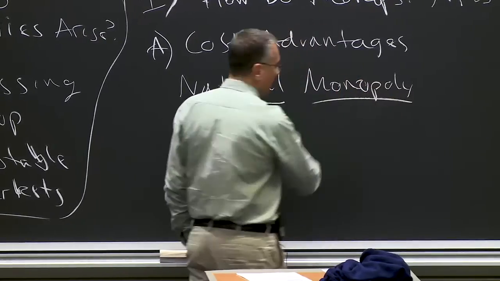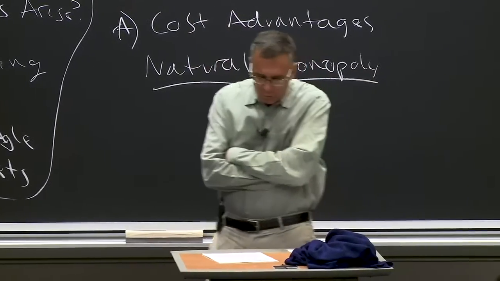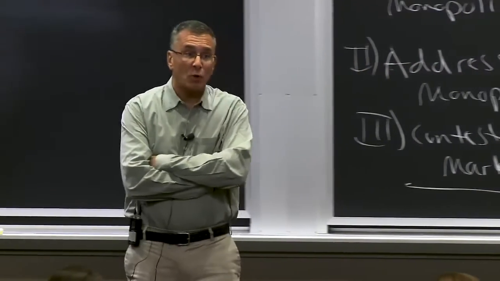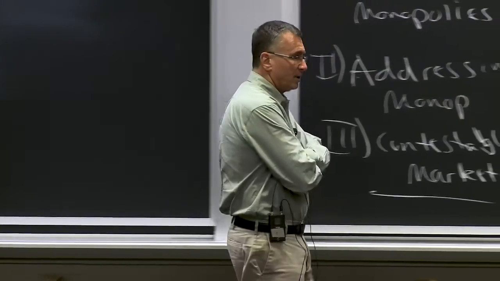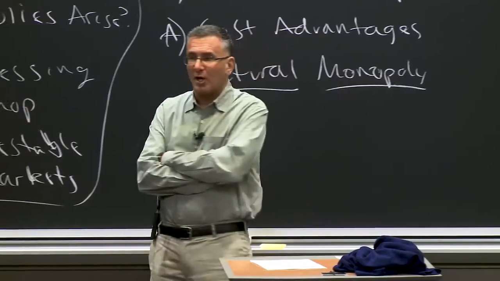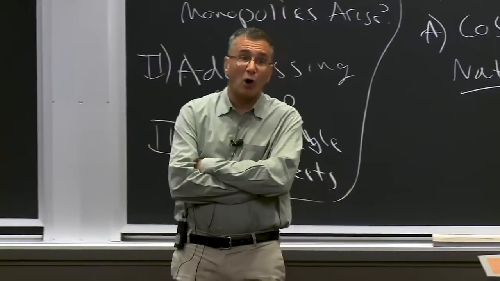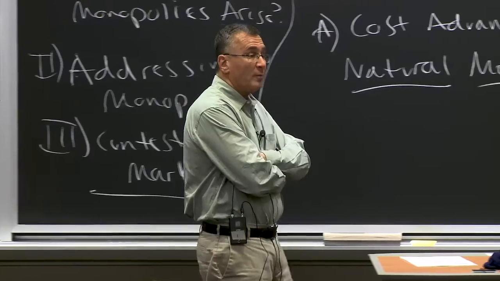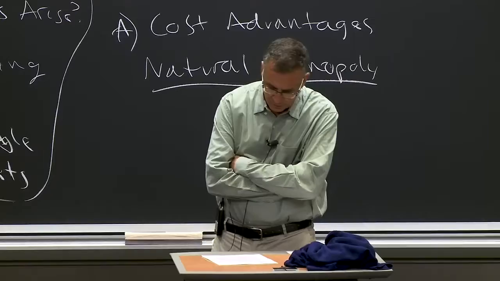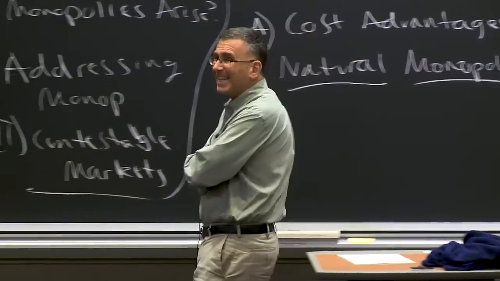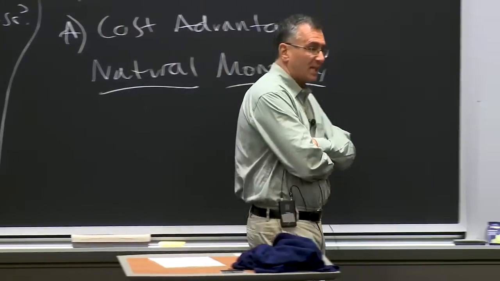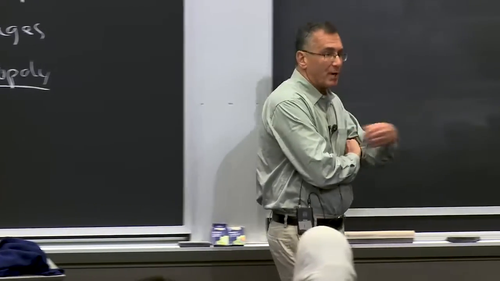A natural monopoly is a market where for all relevant quantities, one firm can always produce at a lower average cost than other firms can. This is basically the same as saying that it's a market where average cost is everywhere declining, at least in the relevant production range.